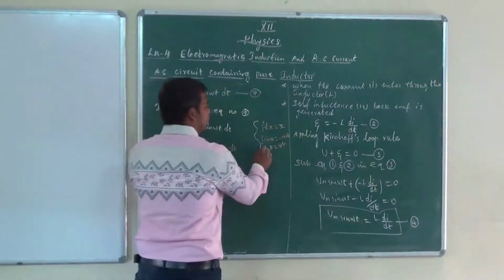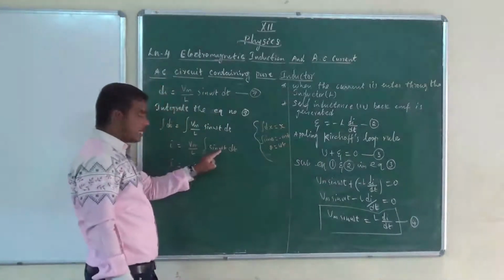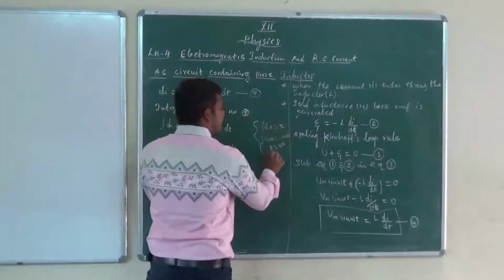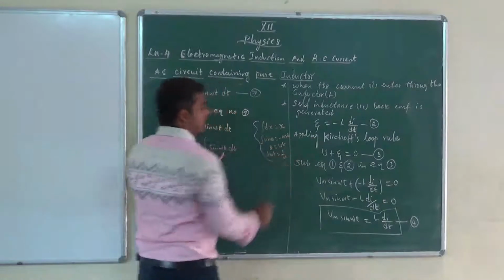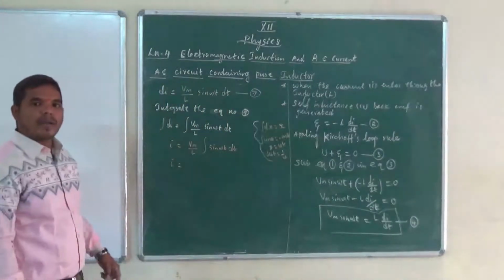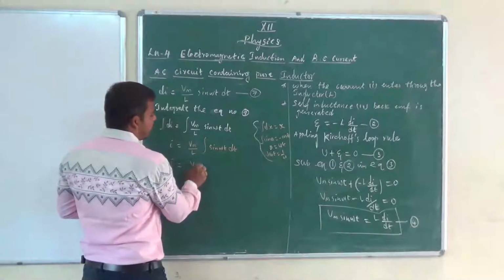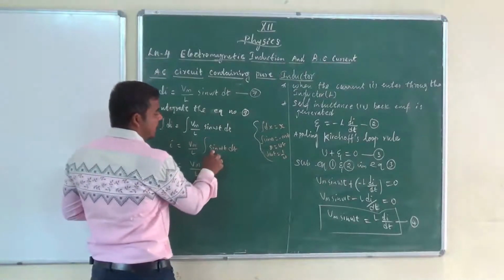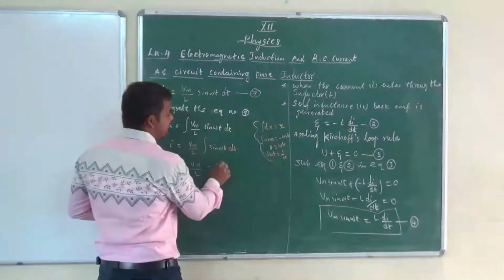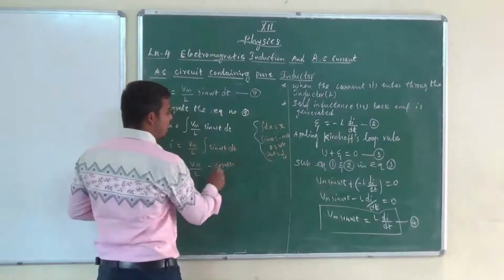So first we integrate the sin, next we integrate the omega t. Integration of omega t is equal to 1 by omega.